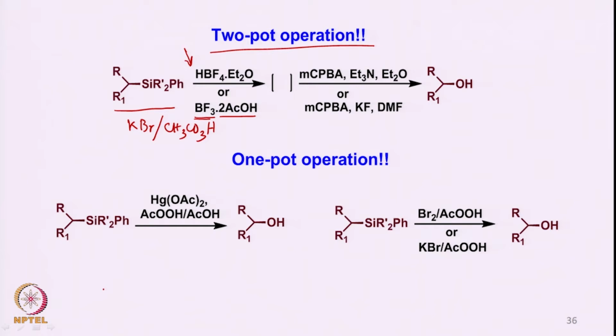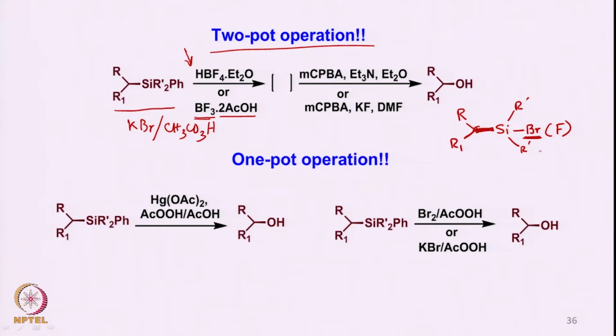So instead of getting the silicon bromide that we saw last time, now what you will get is the fluoride, because HBF4 as well as BF3 with acetic acid is a source of F minus.